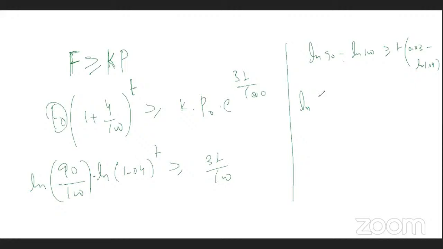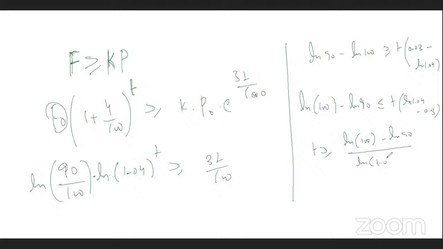Multiplying by minus, ln 100 minus ln 90 is less than or equal to T times ln 1.04 minus 0.03. That is T greater than or equal to ln 100 minus ln 90 by ln 1.04 minus 0.03.